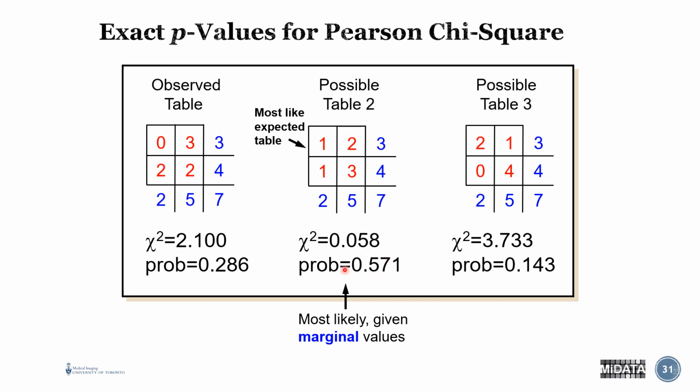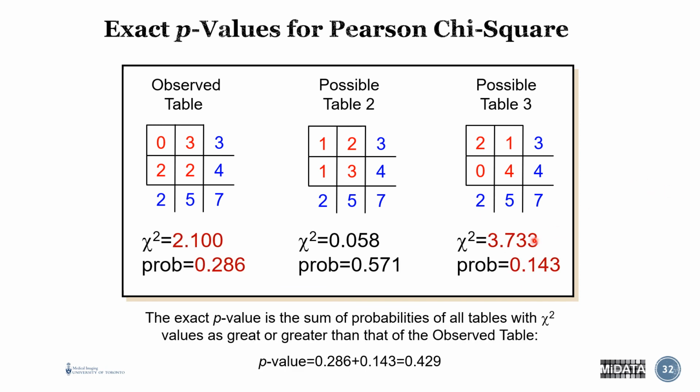So this is the most likely table given the marginal values. Now, if you look at possible table 3, here's another possible combination of totals in the observed section considering your marginal totals, and you have a higher chi-square with a lower probability.